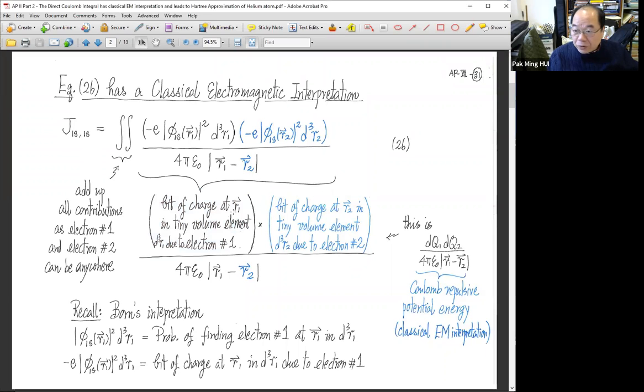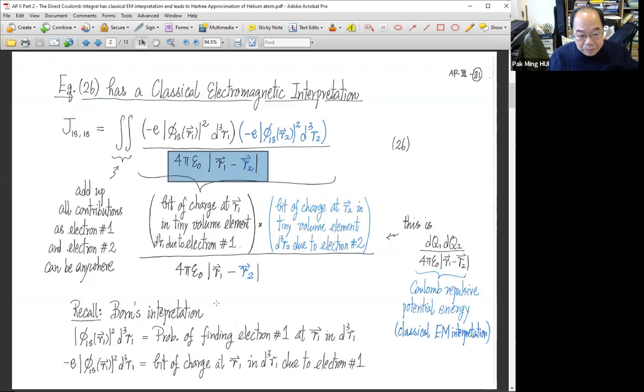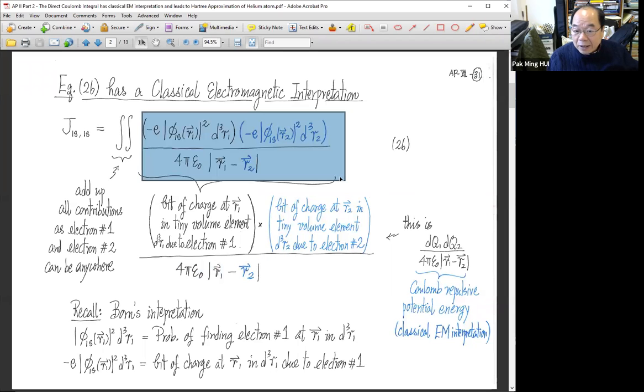Similarly, the second term means the same thing, but only for electron number 2 at a different location, R2, right? In a box there. And the denominator is the same. Okay, so I'm interpreting the integrand.